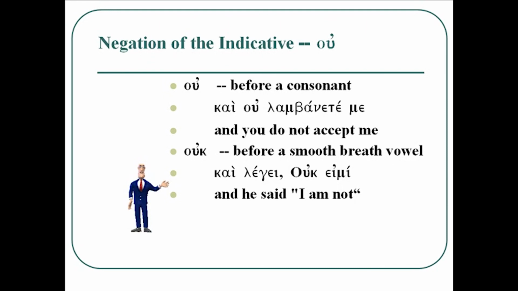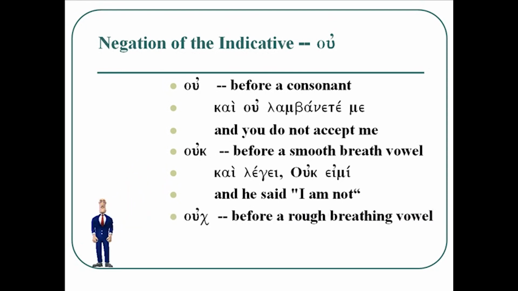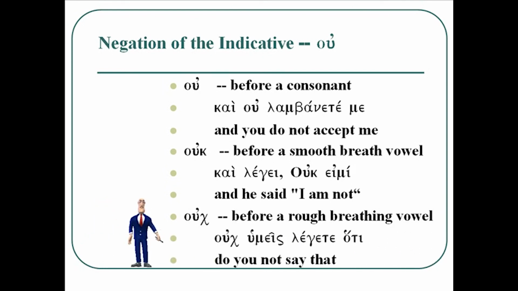The ouk takes the kappa because eimi begins with a smooth breathing vowel, or a diphthong in this case. The ou becomes an ouch with a chi when it comes before a rough breathing vowel. So it's ouch humeis legete hoti.